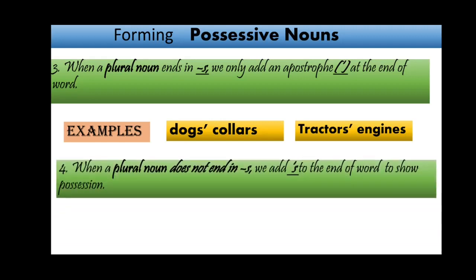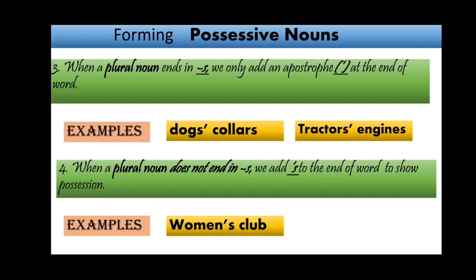So let's come to the fourth point. Suppose we have a plural noun and it is not ending with s. So what are we going to do? We will add apostrophe s, like how we did in the first case. Simple way. Let's have a look at the example. Women's club.